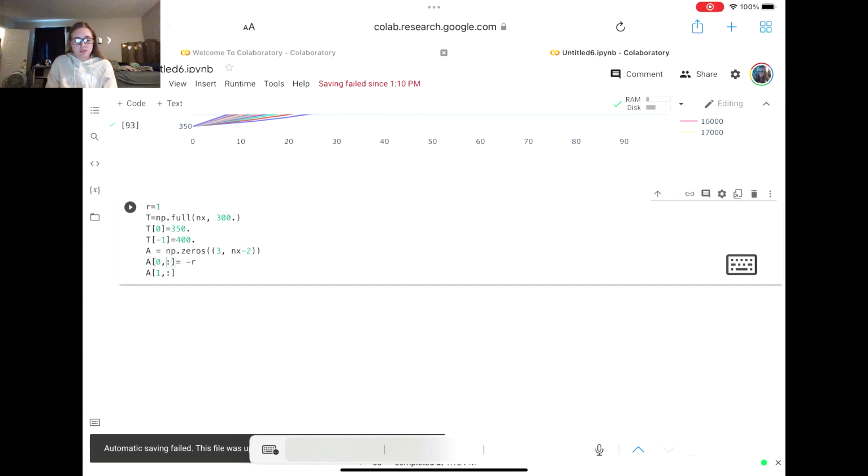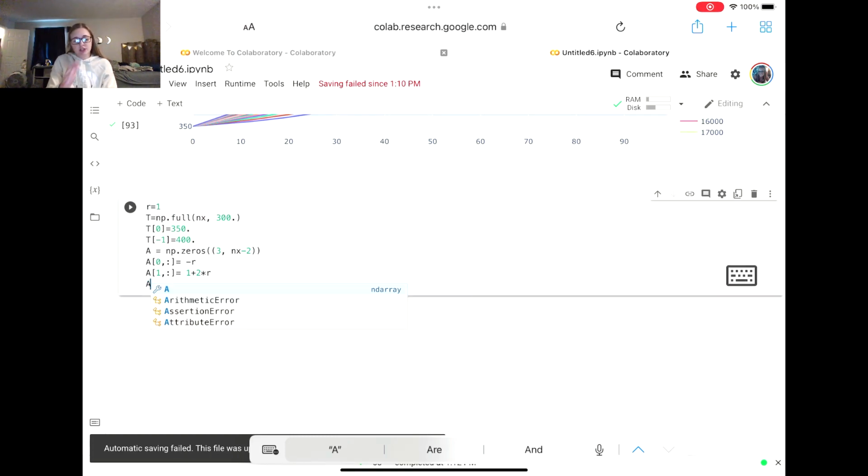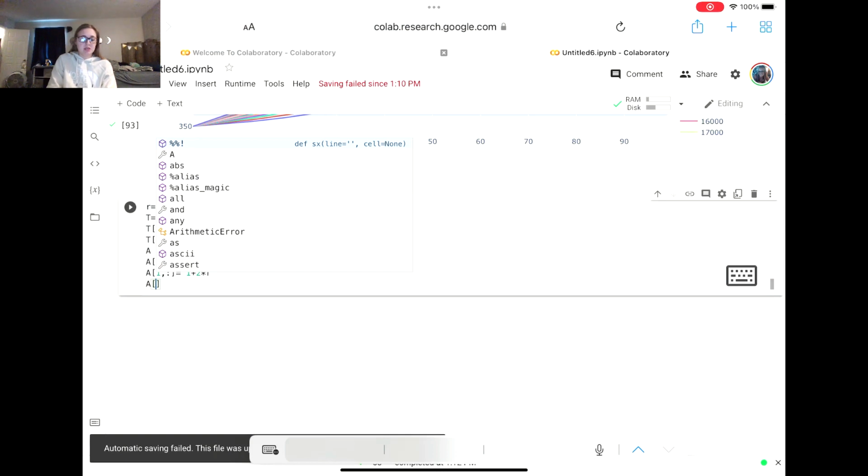And this equals that 1 plus 2 times r. And then A for our third diagonal, again, that's just going to be that -r that we found.